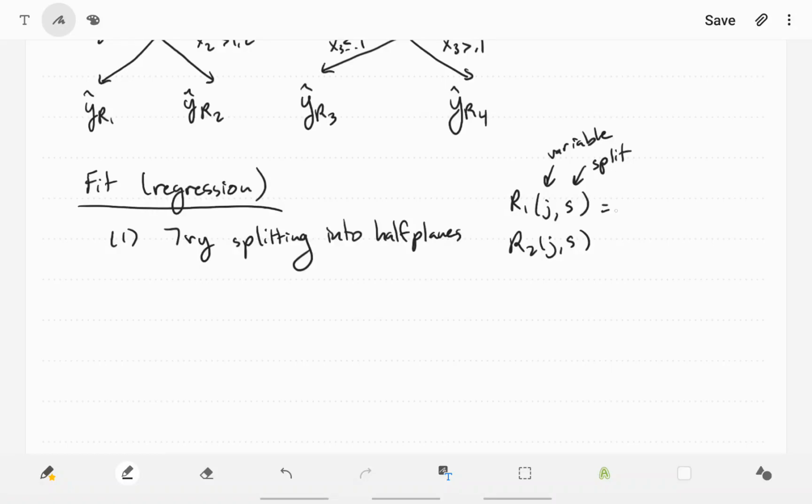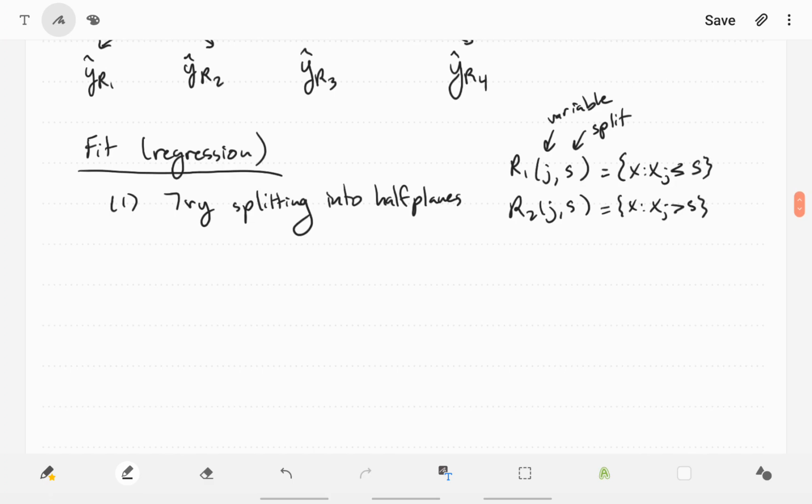So R1(j,s) is equal to the x such that x_j is less than or equal to s, and R2(j,s) is the x such that x_j exceeds s. So now we have these two regions for every j and s pair, and we really only need to consider n different s values. Now all we have to do is try every possible j and s pair.